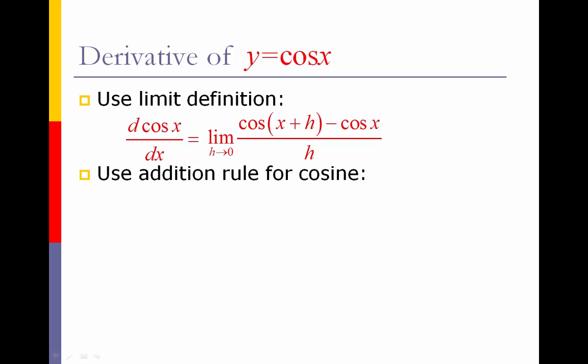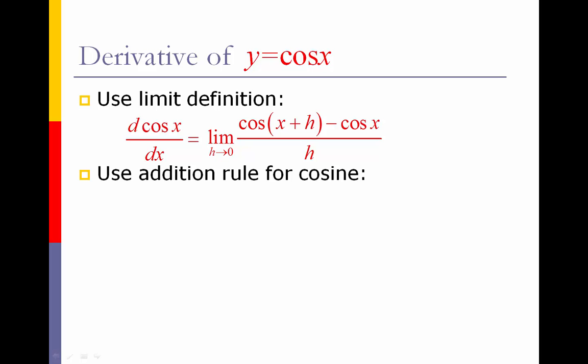You may remember from high school, or maybe from the review you have done at the beginning of this year, that the cosine of a sum, cosine of x plus h, can be written as a formula which involves only cosine x, cosine h, sine x, and sine h. So it untangles the sum. We're going to end up, of course, with a slightly longer formula, but hopefully the untangling will work.